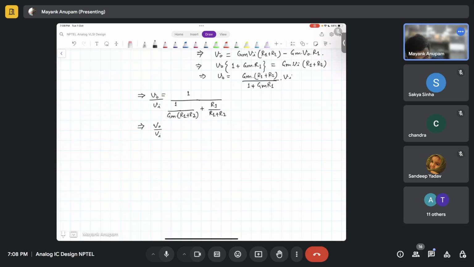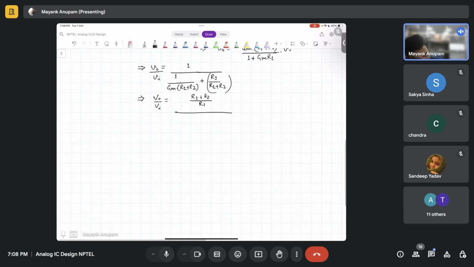V0 by Vi. I simply multiply by R1 plus R2 divided by R1 from top and bottom, both top and bottom. So this will be 1 plus R2 upon R1, over 1 plus 1 over Gm times R1.